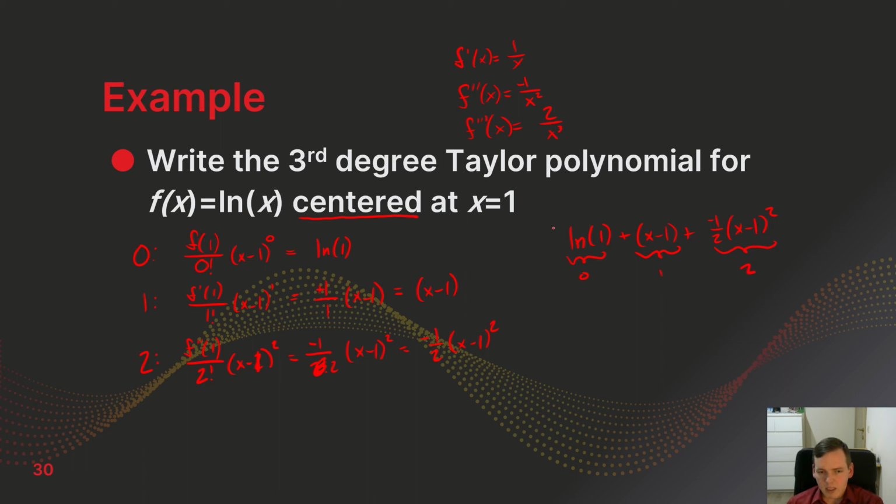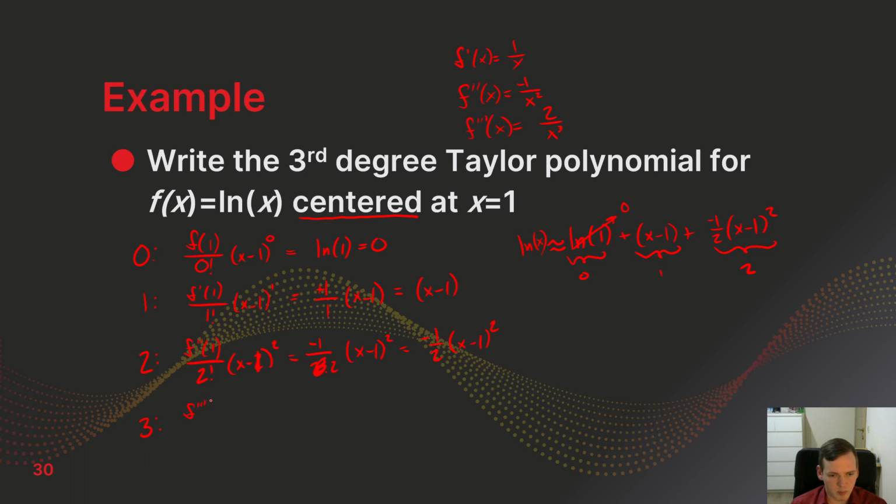So this right here is approximately ln of x. If you graphed this, you would see that it's not great, but it's reasonably close to this. Oh, wait, we have a problem here because ln of 1 is 0. So we actually do need to write our third term to get the first three non-zero terms.